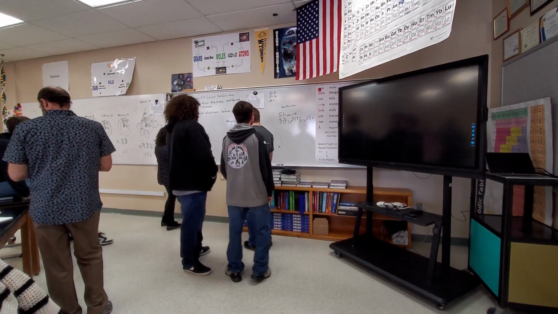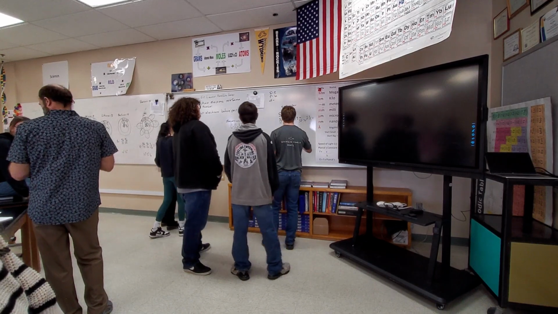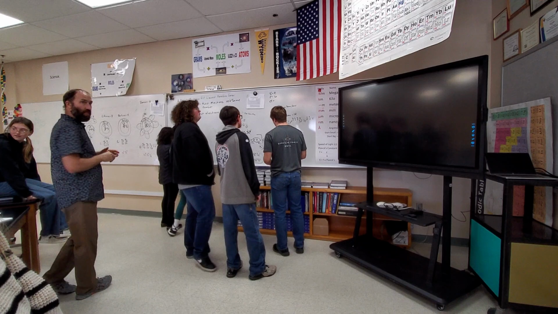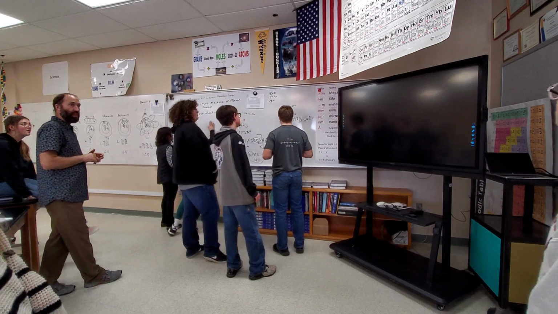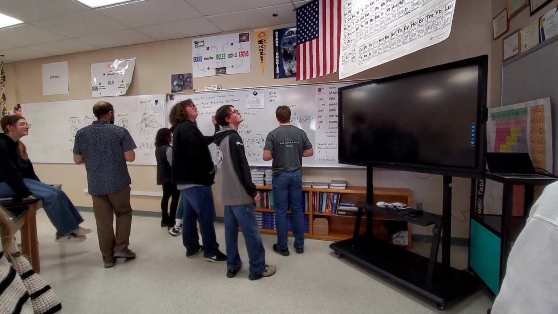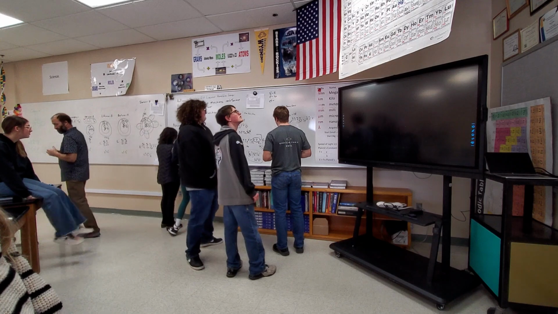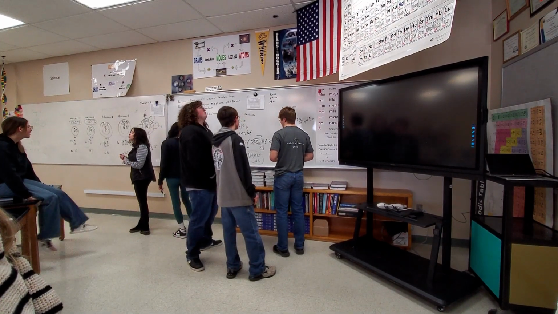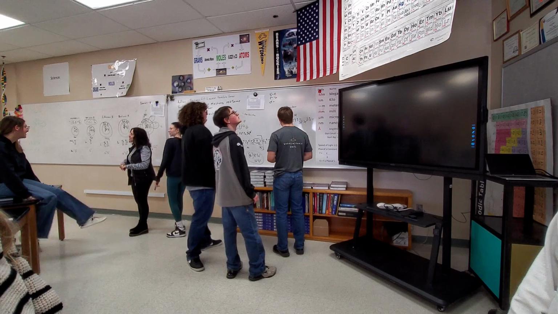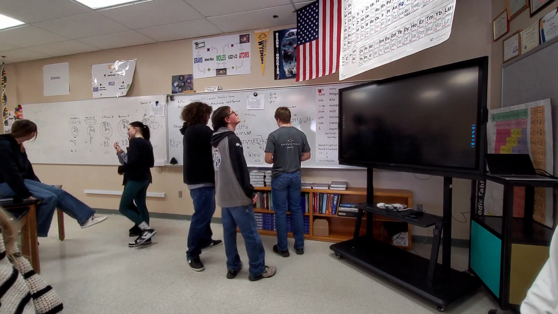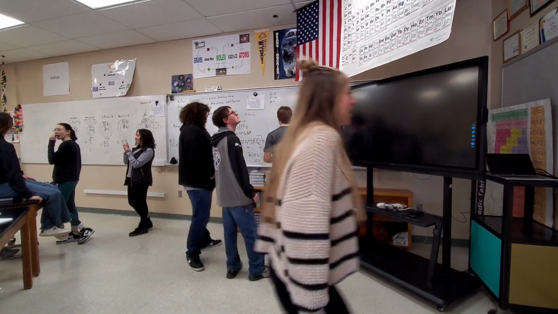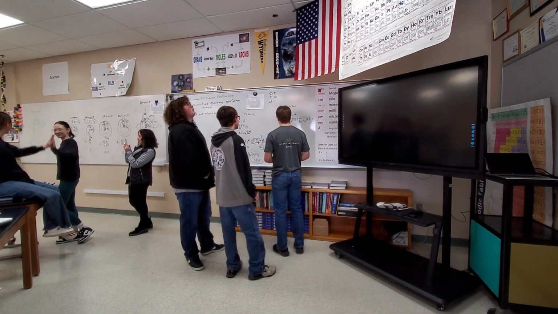Okay, how do we do S2? Argon and then noble gas. Is that right? Wait, explain. Because the last noble gas is argon, and then it goes down to potassium, and then there's only one in the S sphere. But if it was calcium, two is left.